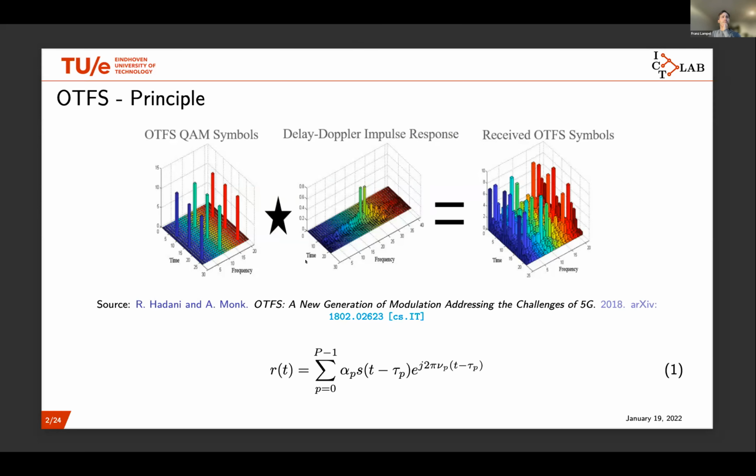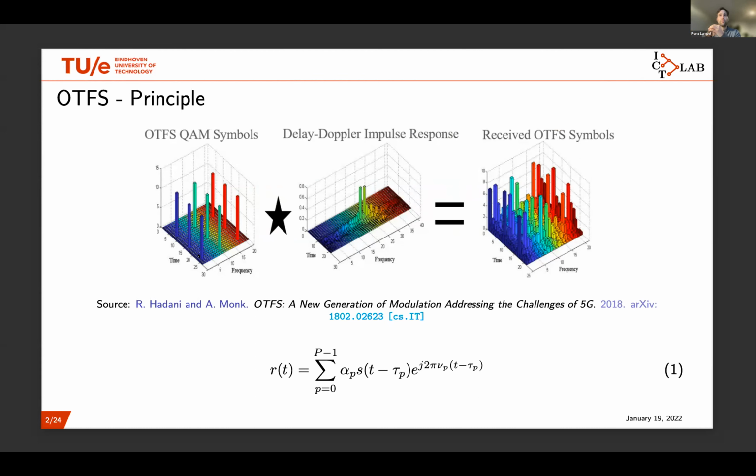So OTFS was introduced already something like 5 years ago. And the fundamental concept of OTFS is that it places symbols, information-bearing symbols, in the delay-Doppler domain. Like OFDM places symbols in the time frequency domain, OTFS places them in the delay-Doppler domain.